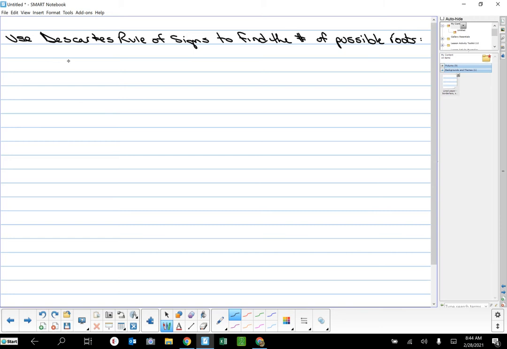We'll do f of x equals 3x to the 7th minus 2x to the 6th minus 3x to the 5th plus x to the 4th minus 2x cubed minus 3x squared plus 2x plus 3. And there's an equal 0 on the end, but I'm going to ignore it.